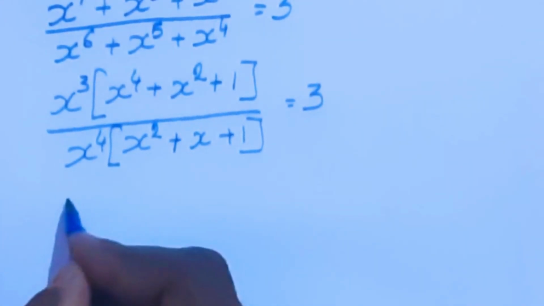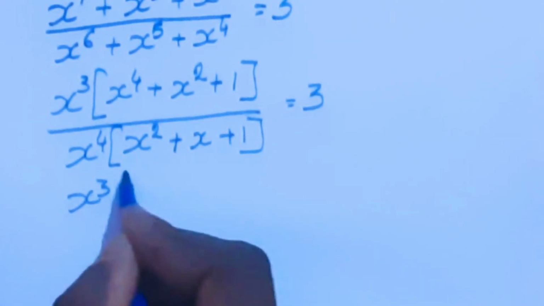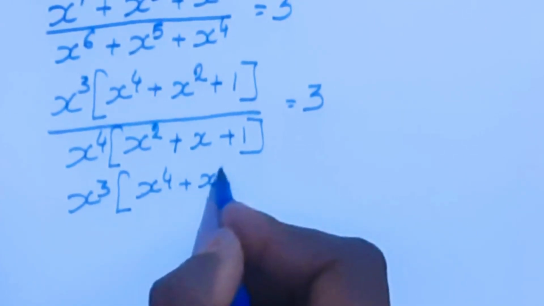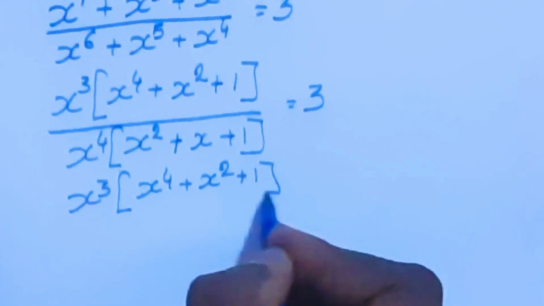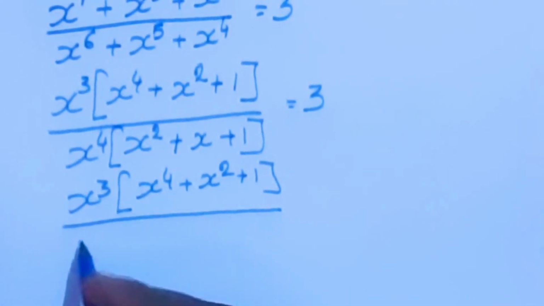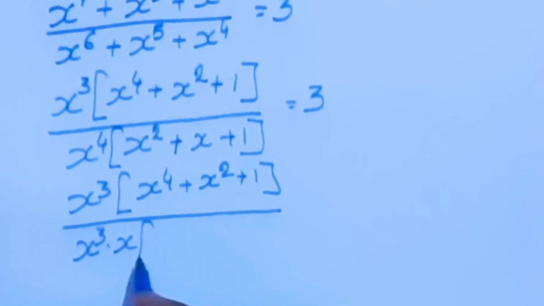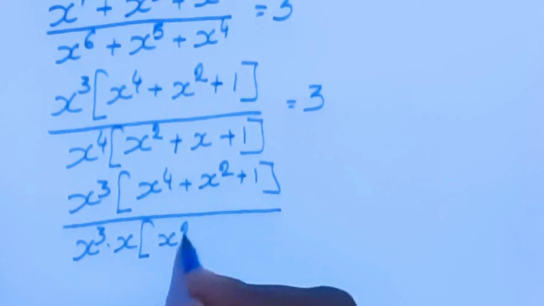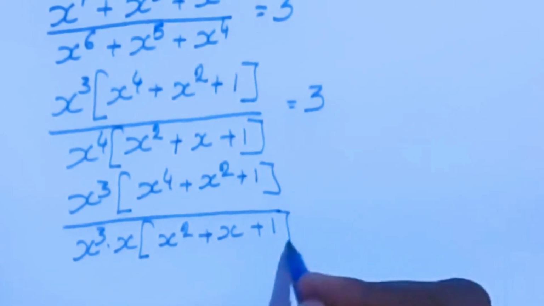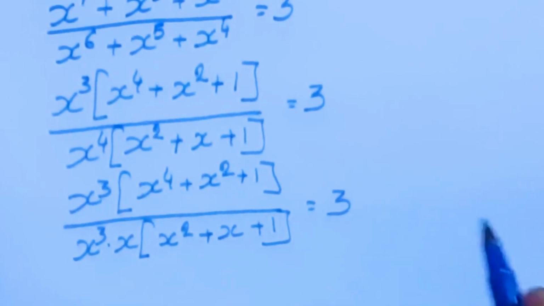Now x^3 (x^4 + x^2 + 1). In the denominator, this x^4 can be written as x^3 times x (x^2 + x + 1) = 3.